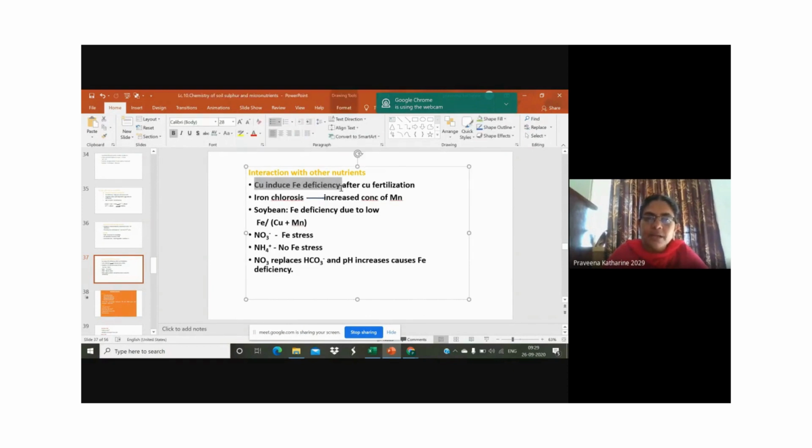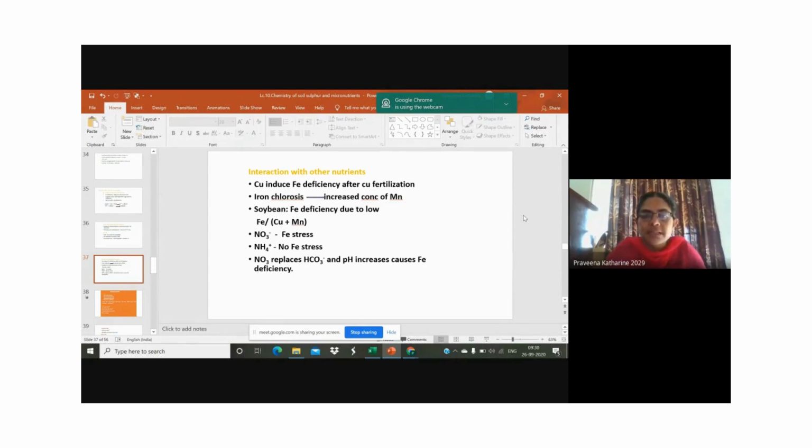This is very important. Keep it in mind. When you have more copper in the soil, or when you apply copper fertilizers to the soil, there will be a deficiency of iron. This is known as copper induced iron deficiency. Again manganese: when the manganese concentration increases, you also have iron deficiency.